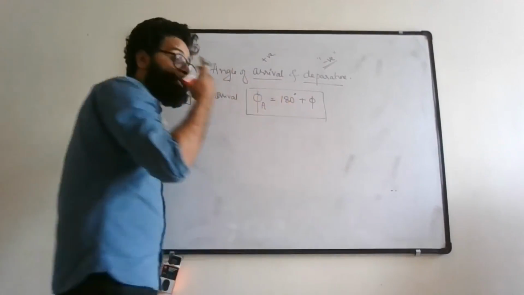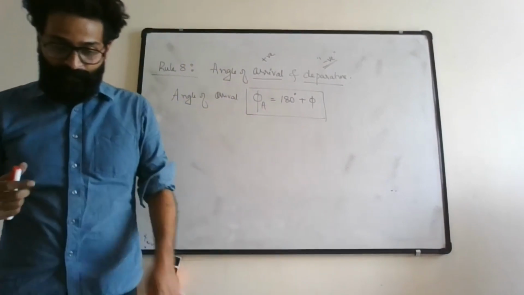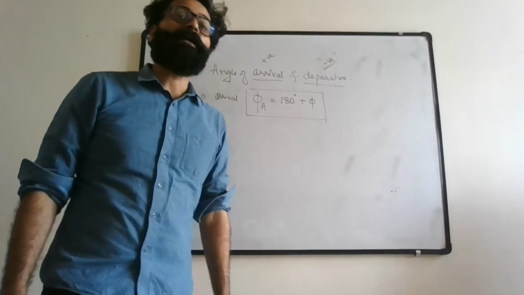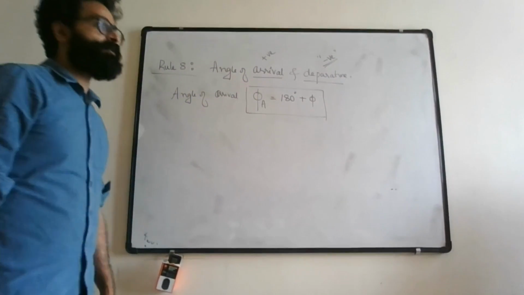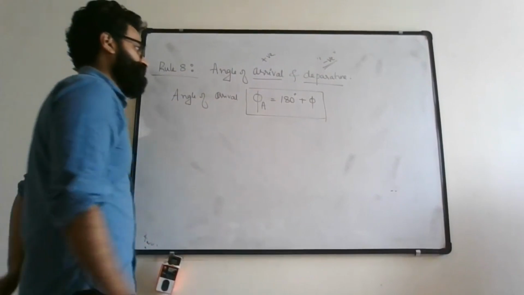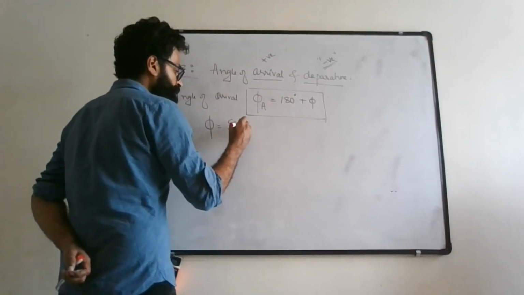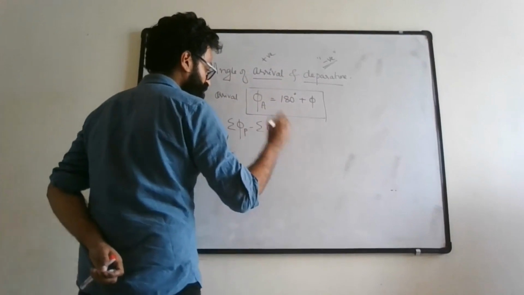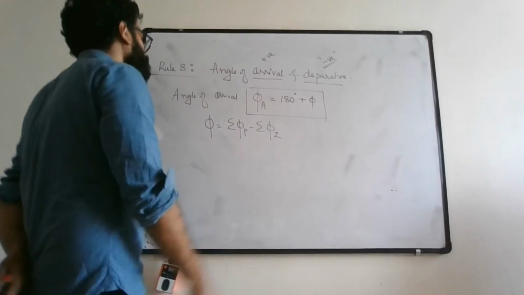Now, why this 180 degree? This 180 degree is due to the impact of the angle condition. You remember the angle condition: angle of G(s)H(s) is plus or minus 180 degree, etc. Where phi is equal to summation phi p minus summation phi z. I'll come to what phi p and phi z are.